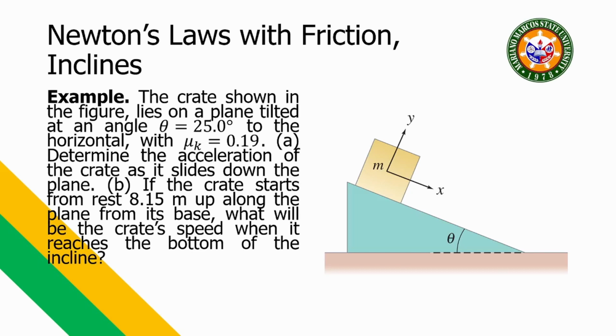Determine the acceleration of the crate as it slides down the plane, and if the crate starts from rest 8.15 meters up along the plane from its base, what will be the crate's speed when it reaches the bottom of the incline?